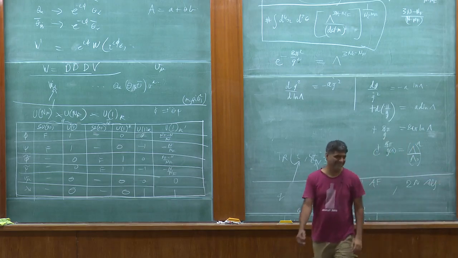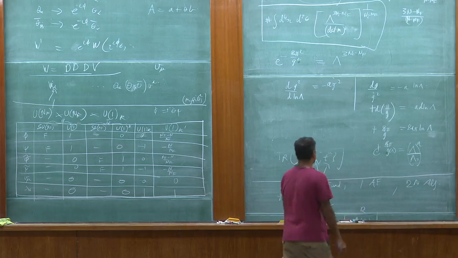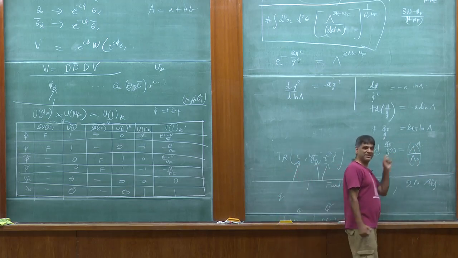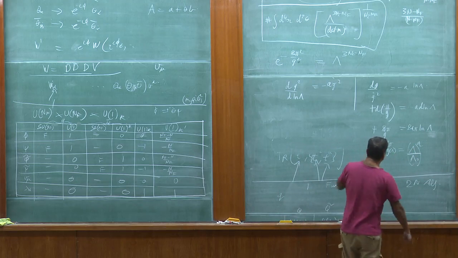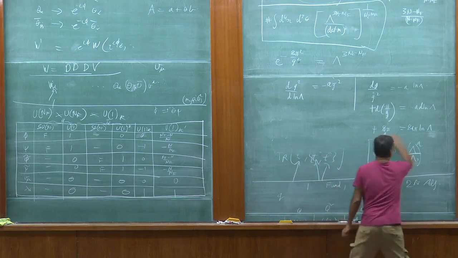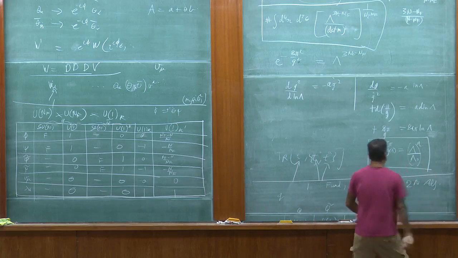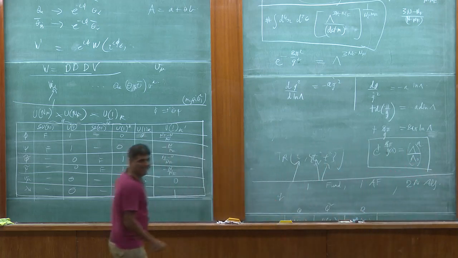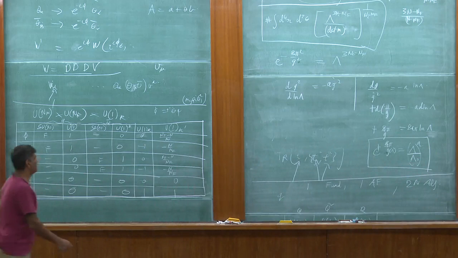So lambda naught is the scale at which g goes to infinity. So this relationship we will remember.